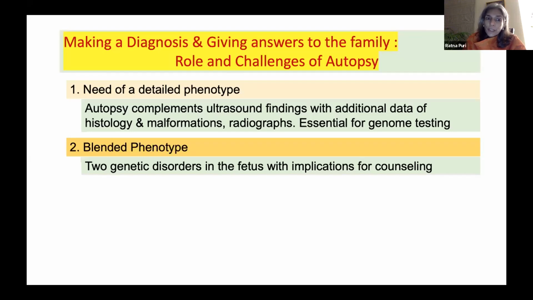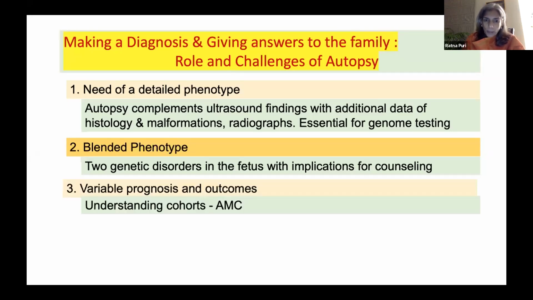We found 5-6 families where there were blended phenotypes. That means there were 2 genetic disorders in the fetus, and this has major implications for counseling. So we have 2 different genes that are causing disorders, and the phenotype is a combination of the 2 disorders which are present as a result of mutations in those genes.